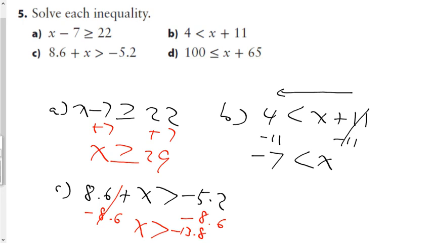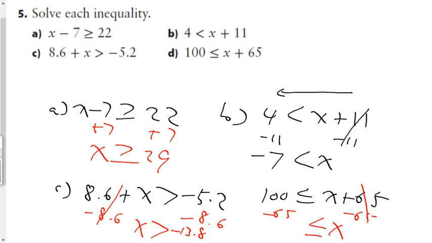And finally, the last one, x plus 65, not 64, 65, x plus 65 is greater than or equal to 100. I'm going to subtract 65 from both sides. And all values greater than or equal to 35 is my solution. Or if you're reading it backwards, 35 is less than or equal to the values of x. Both are appropriate.